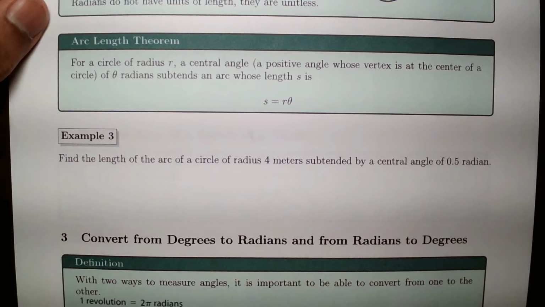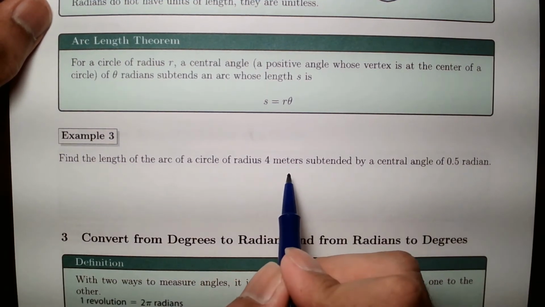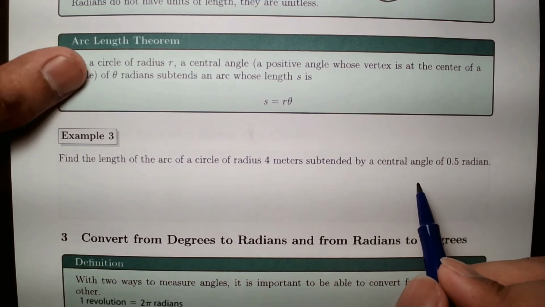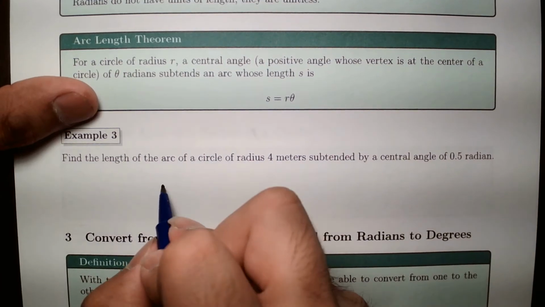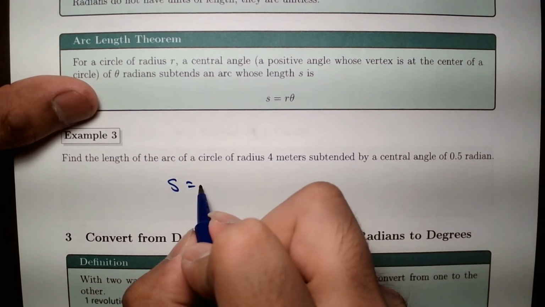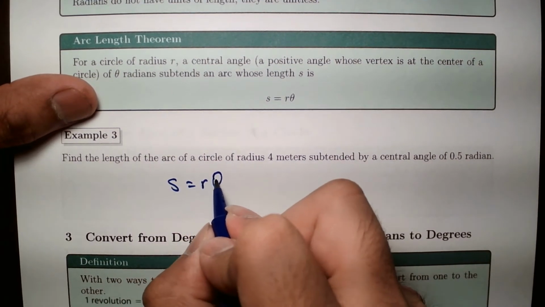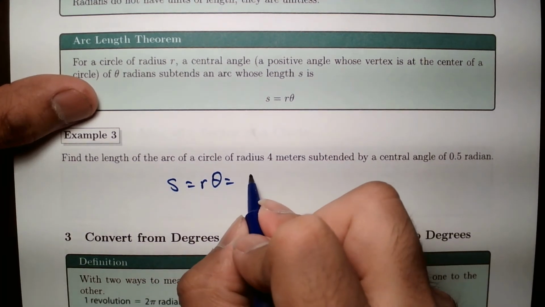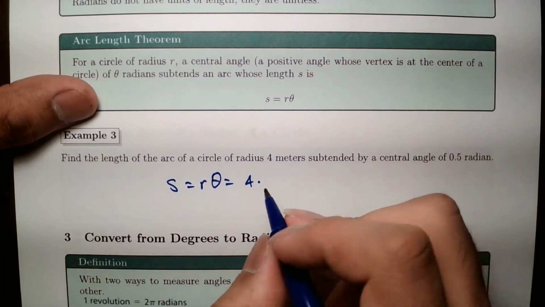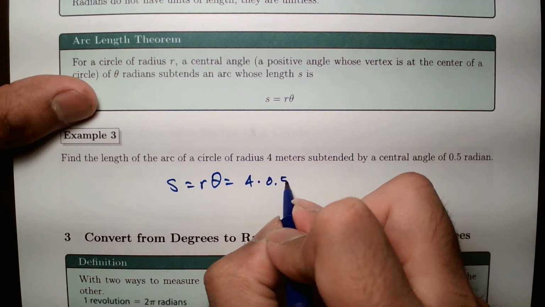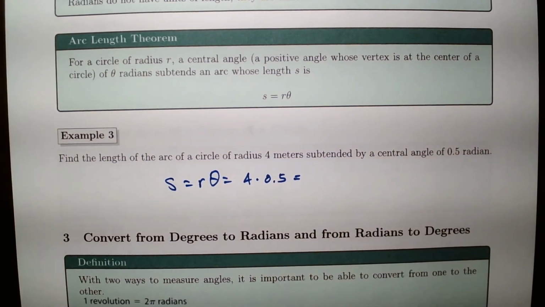Find the length of the arc of a circle of radius 4 meters obtained by a central angle of 0.5 radians. So the formula: arc length equals radius times the angle, r, which is 4, times the angle in radians, which is 0.5, and we multiply these two numbers.